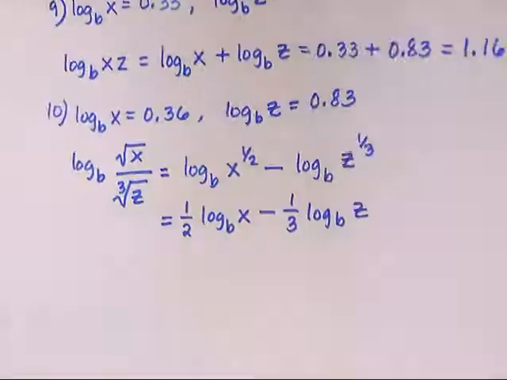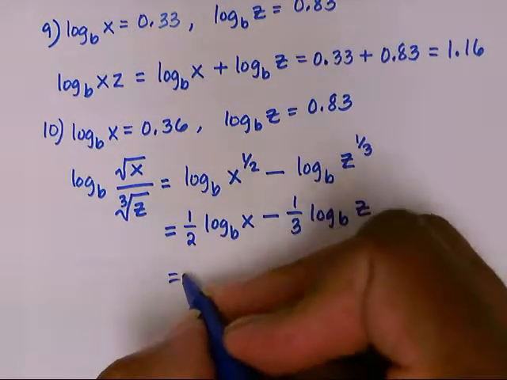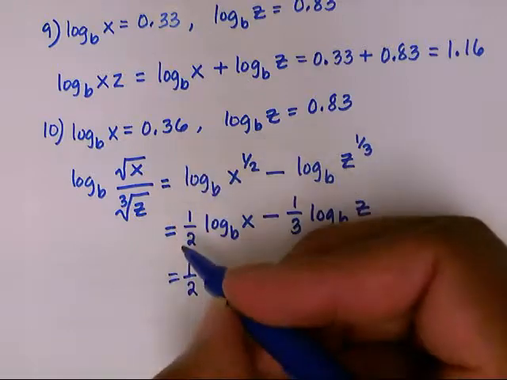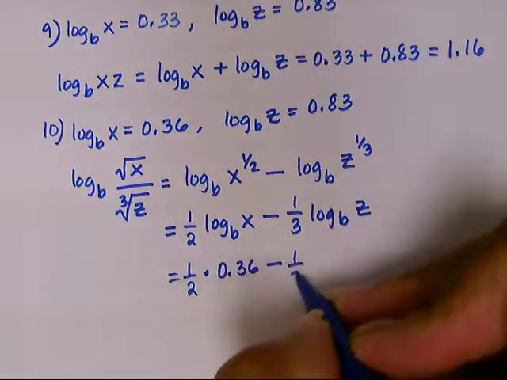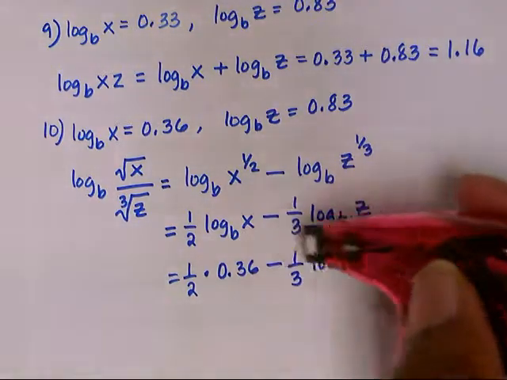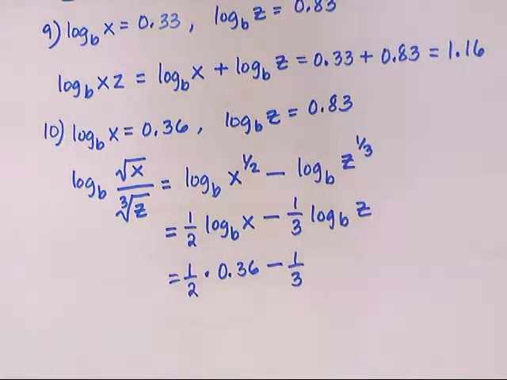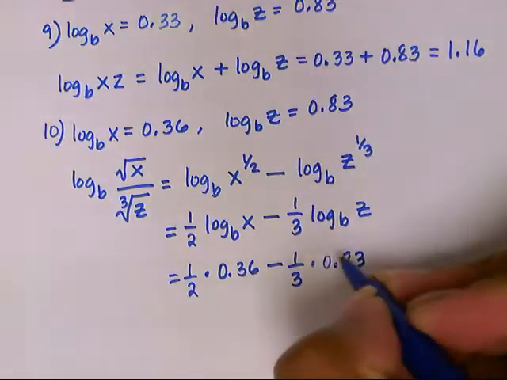Now I can substitute what log to the base b of x is and what log to the base b of z is. So I'm going to have 1/2 times 0.36 minus 1/3 times 0.83.